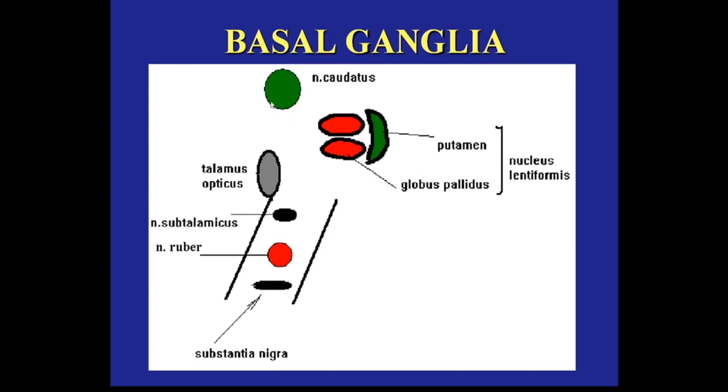Caudate nucleus, in Latin nucleus caudatus, nucleus lentiformis or lenticularis, putamen and two globus pallidus, in midbrain, nucleus subthalamicus, or Luys body, nucleus ruber, substantia nigra.